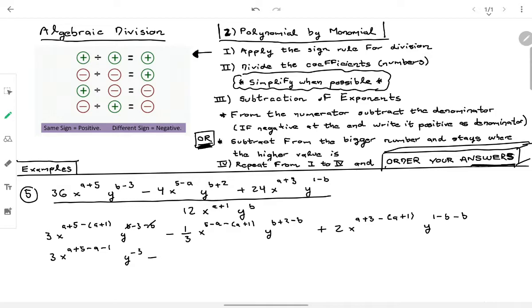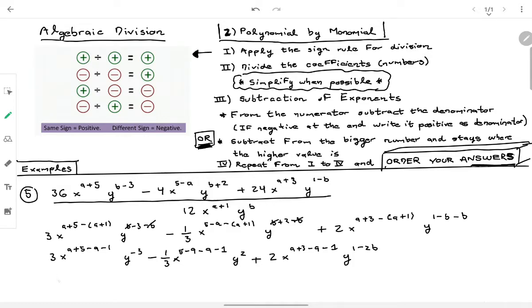Then we will get something like 1/3 of x to the 5 minus a minus 1. Y, it's going to be b minus b, so it's going to be 2 plus 2x to the a plus 3 minus a minus 1 y to the 1 minus 2b.